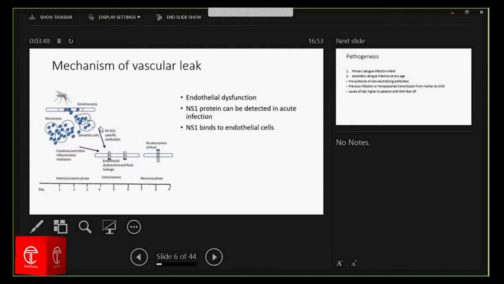After the mosquito bite, the NS1 antibodies start to rise, so you need to test for NS1 protein in the first few days. NS1 binds to the endothelial cells and causes dysfunction. It breaks the barrier of the endothelium, which in turn causes the vascular leakage problems.